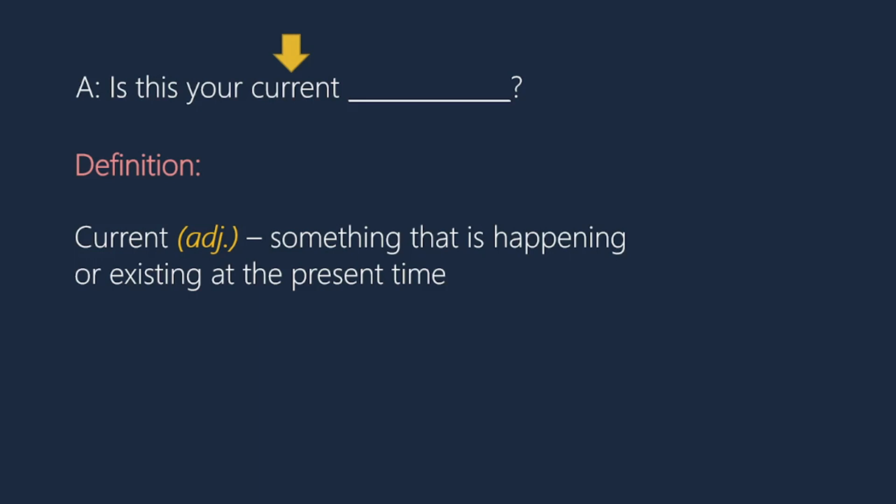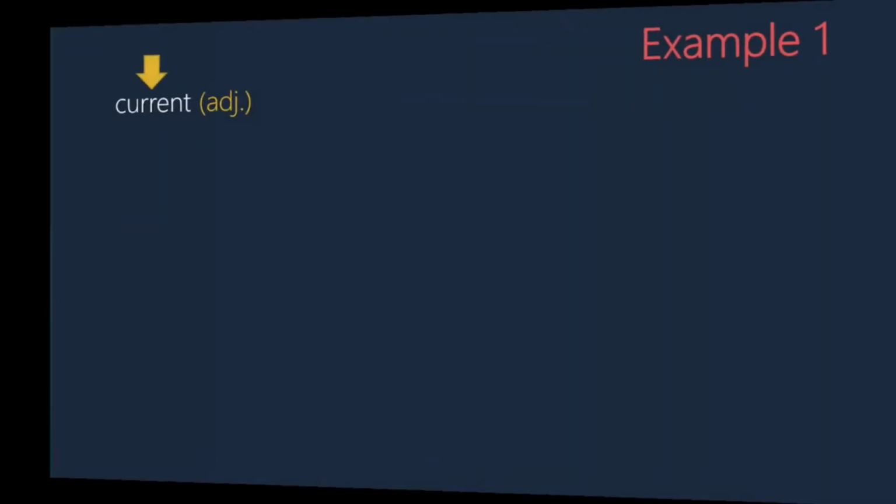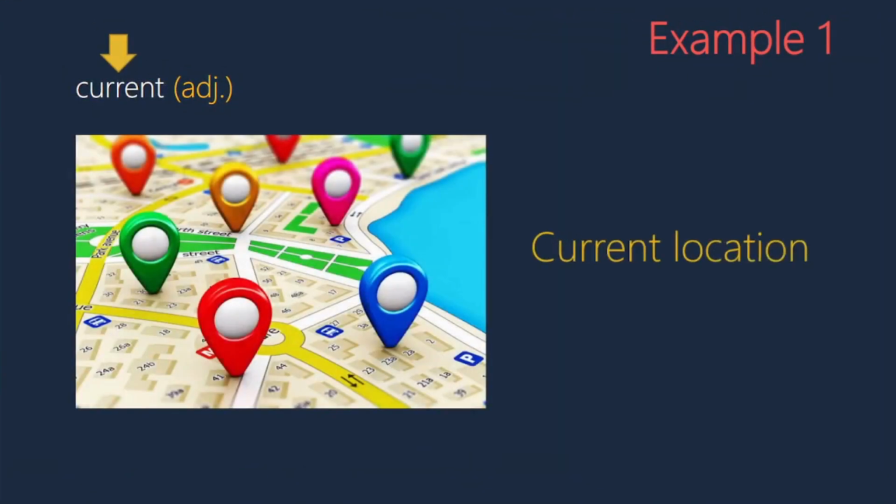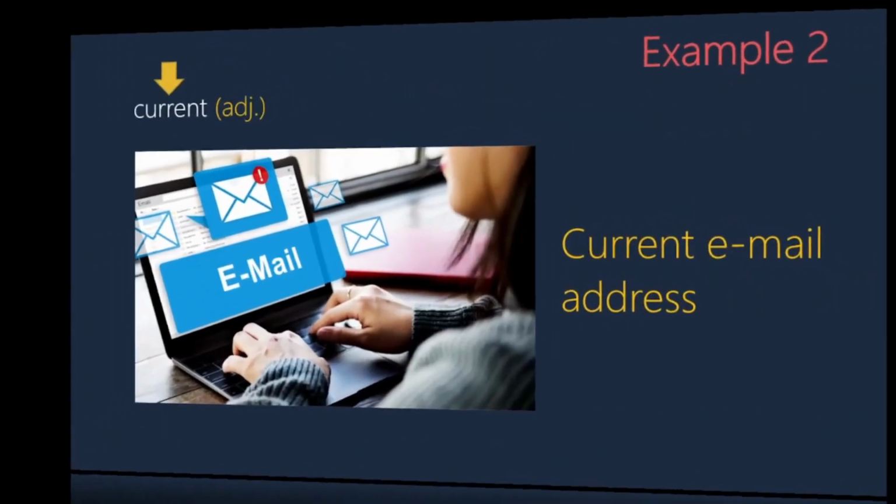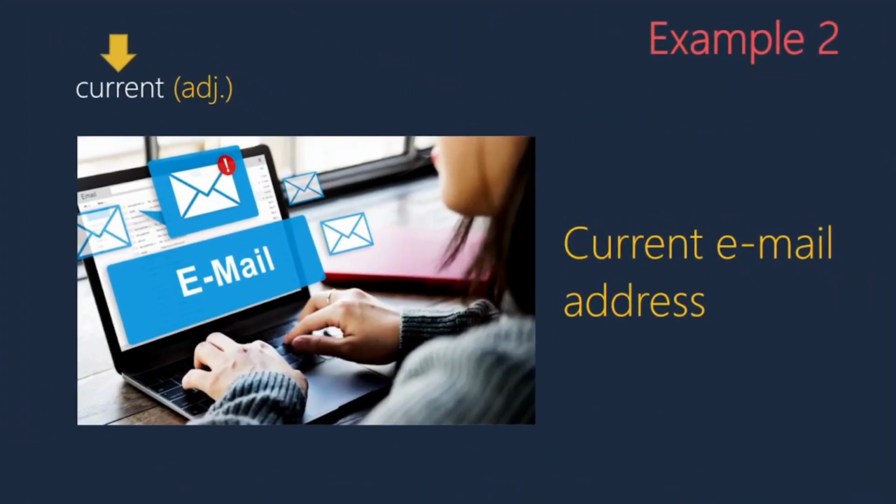Okay, so I already had some examples for this word, so let's take a look. Current location. Your current location is the place you are at the moment. For example, if I'm doing this lesson from NSIU Language Centre, that tells you my exact place and position where I am right at this moment. So that's current location. Example 2, your current email address.